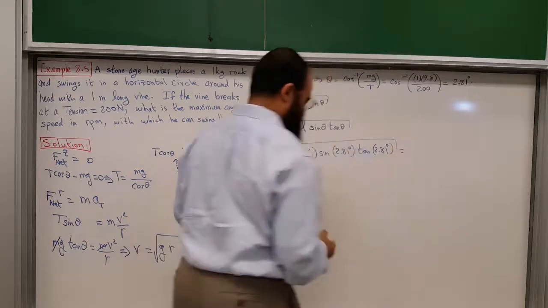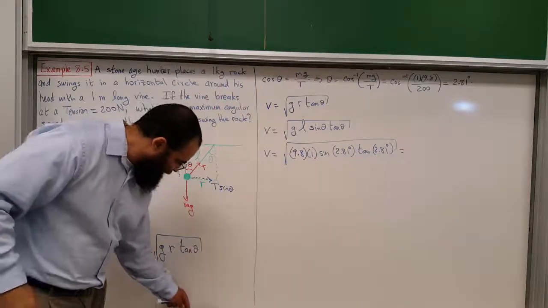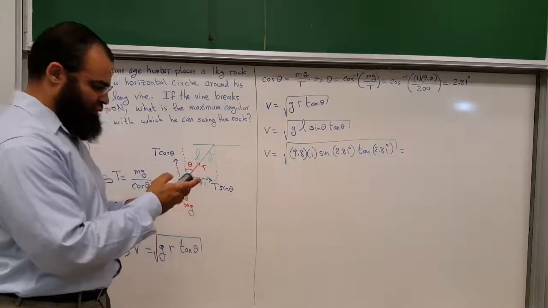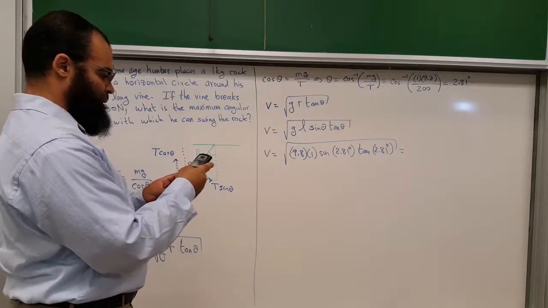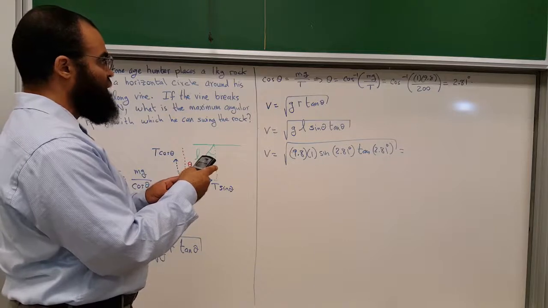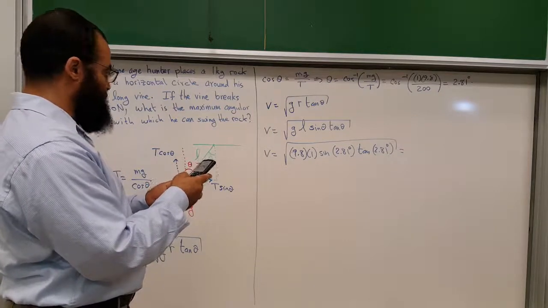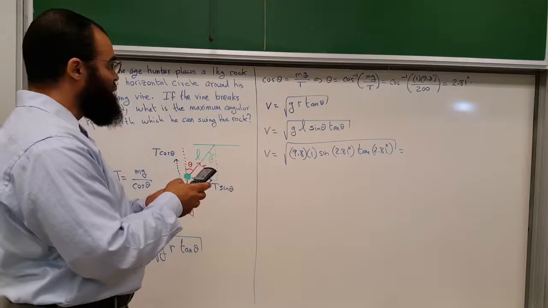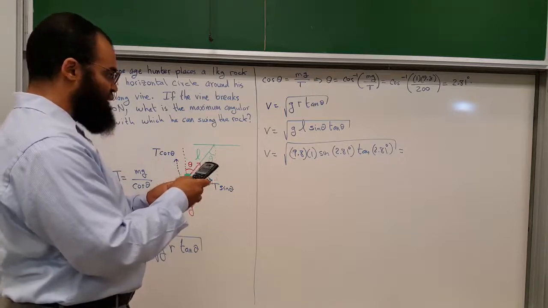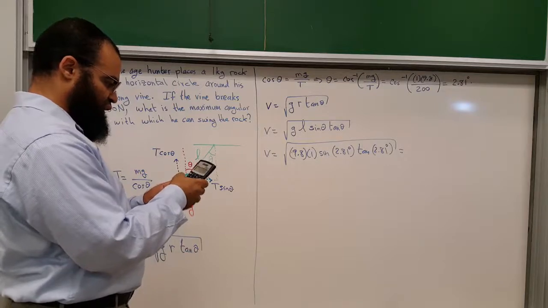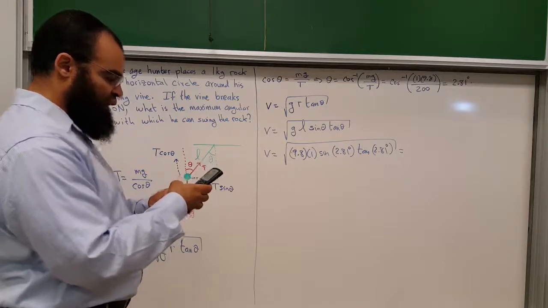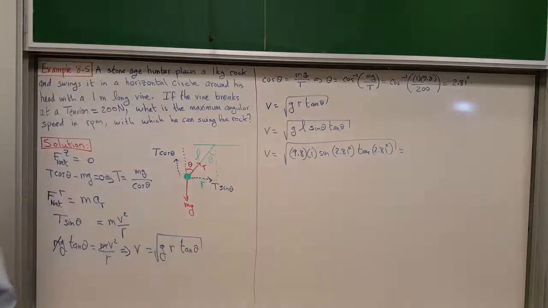Okay, so let's get V. So I have 9.8 times the sine of 2.81 times the tangent of 2.81, and then take the square root of that, and I get V equal to 0.15.